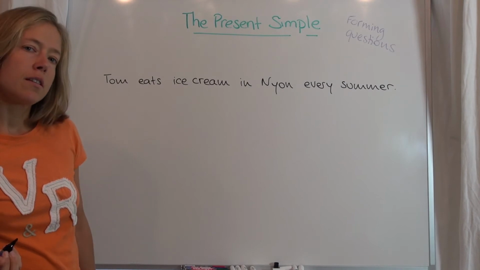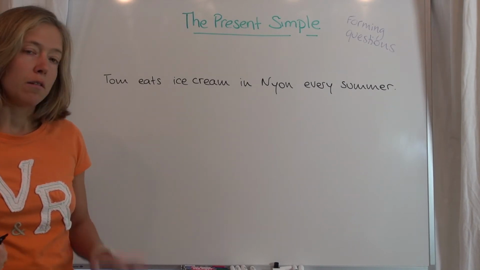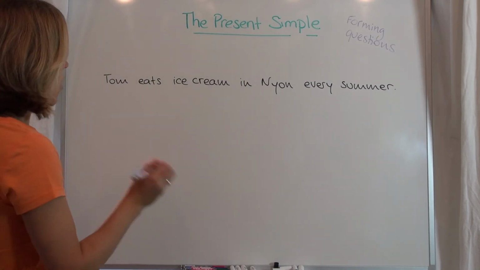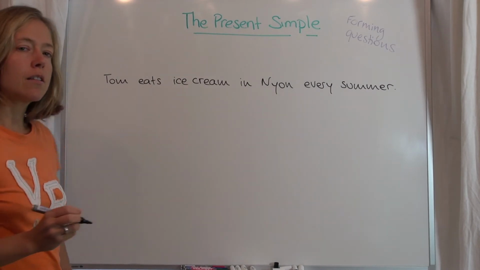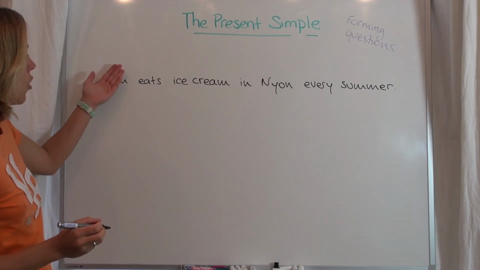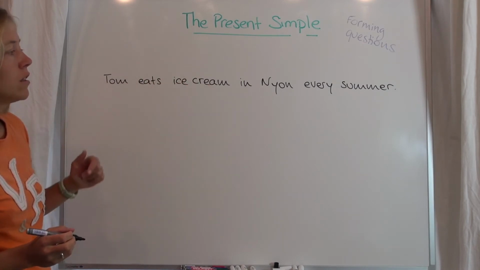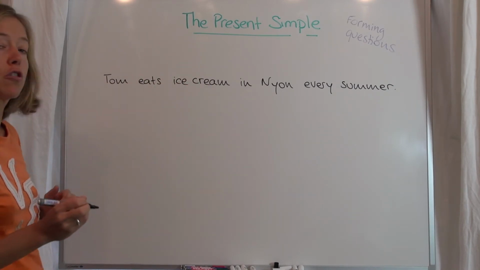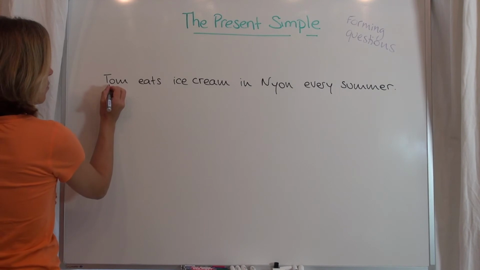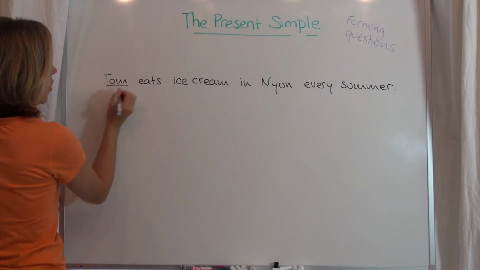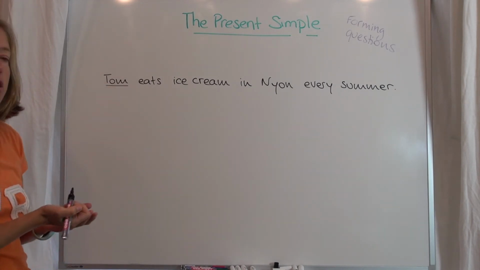So out of this sentence we will create 5 questions. The first question we'll ask is asking who eats ice cream in Nyon every summer. So this time we are asking who does the action.